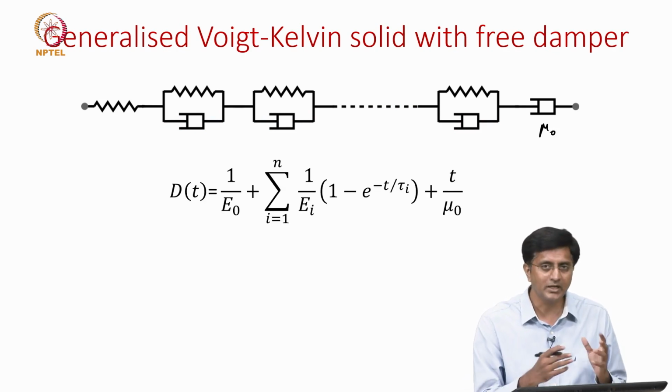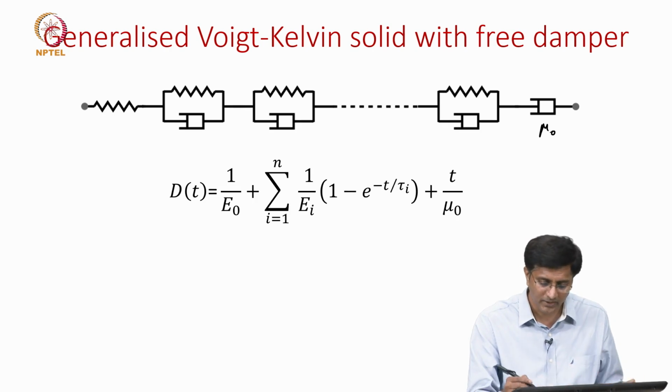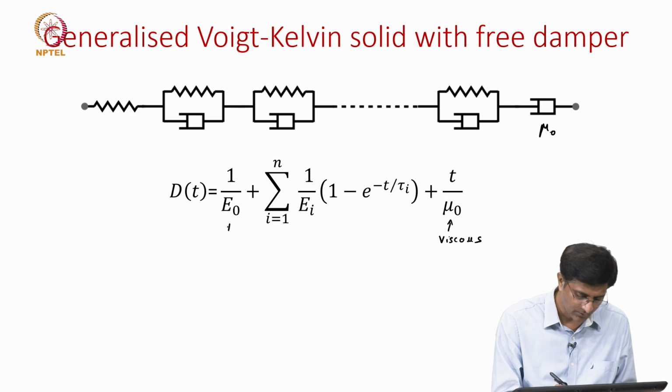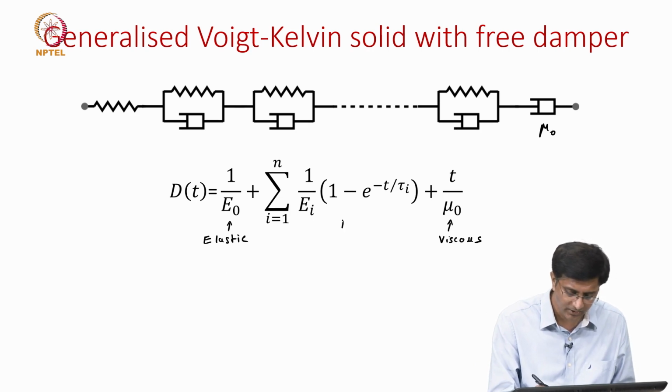We can use the earlier expression by simply adding the extra term. This is the viscous flow term. This previously we said is the instantaneous elastic term, and this is the delayed elastic term.